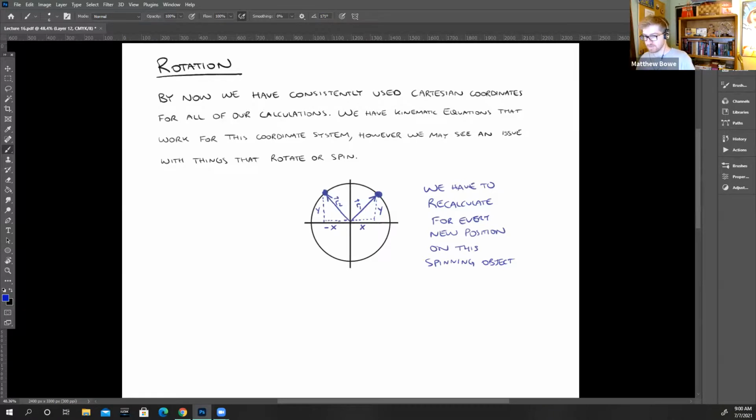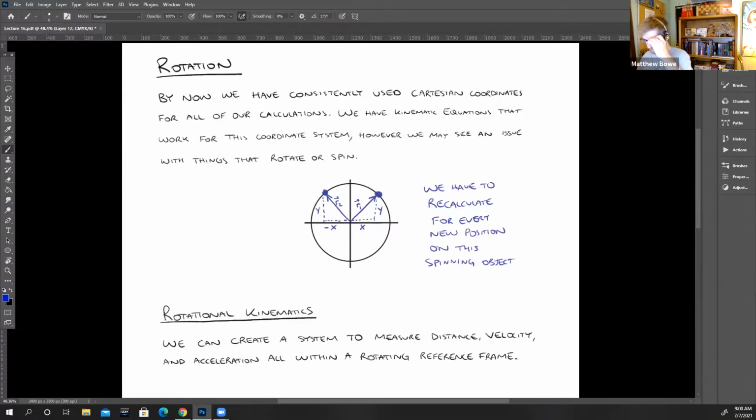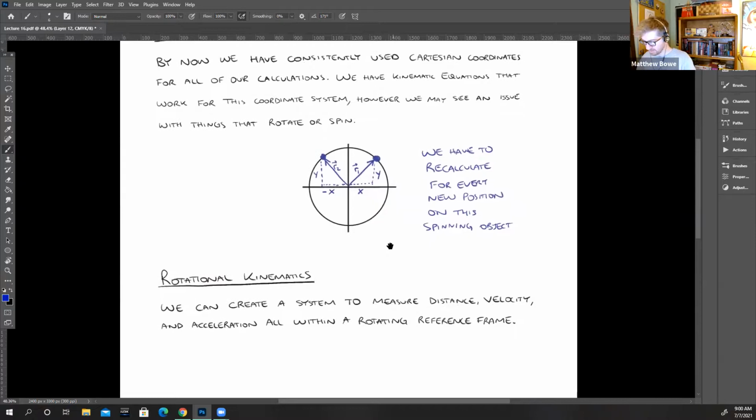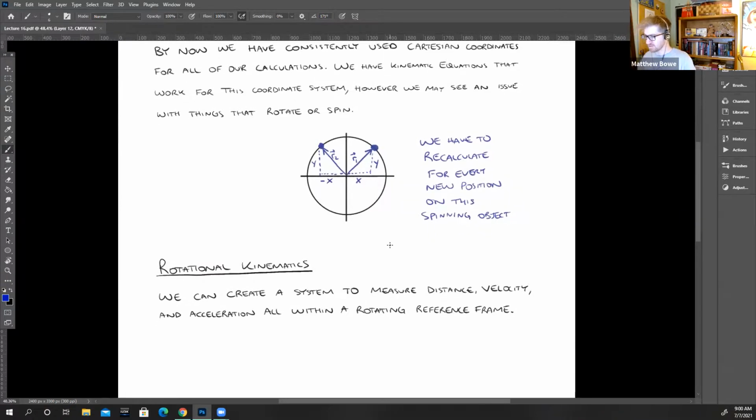That leads us to defining rotational kinematics. So it's us describing how things may rotate. We could do our own new system to measure distance, velocity, acceleration within this rotating, spinning reference frame.